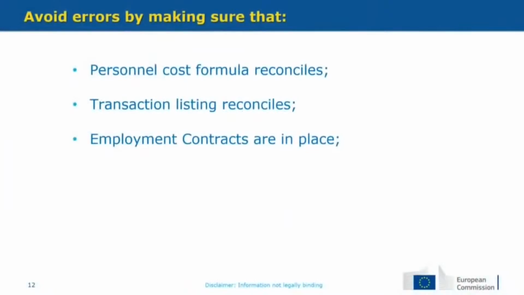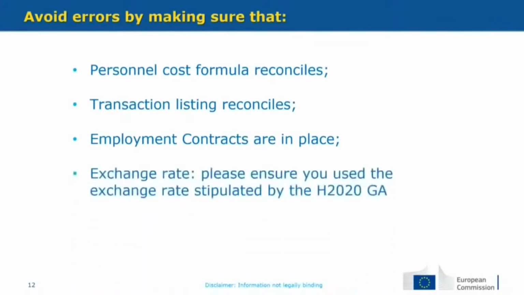Employment contracts are in place for employees, obviously. For the other types of personnel, we're not talking about them here because we are focusing on personnel costs, but if you are declaring personnel cost for employees, you should make sure that the employment contracts are in place.